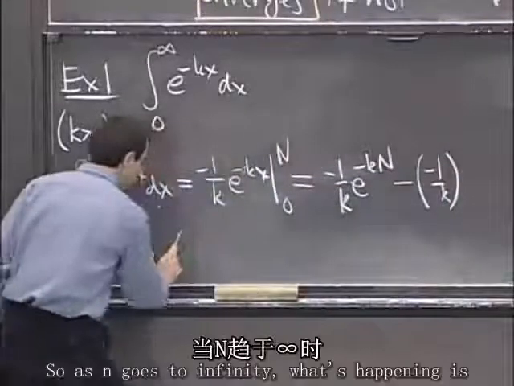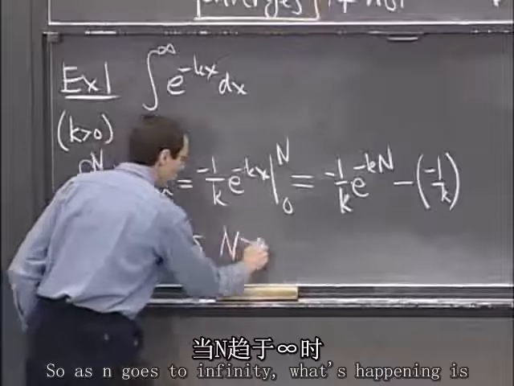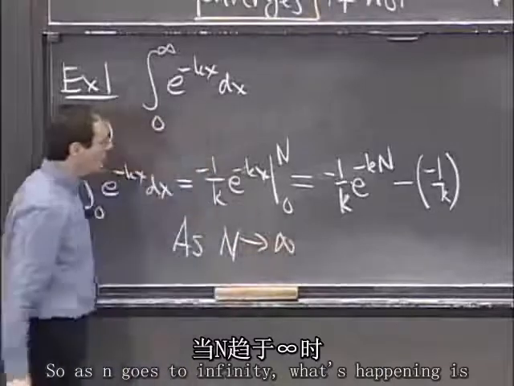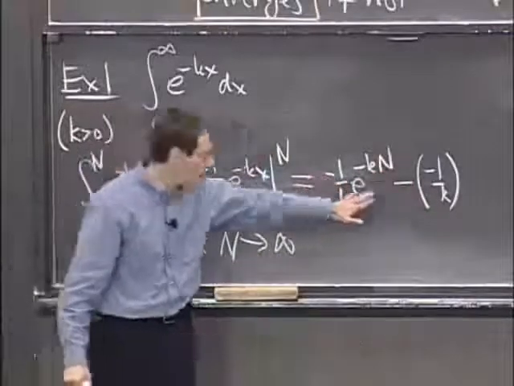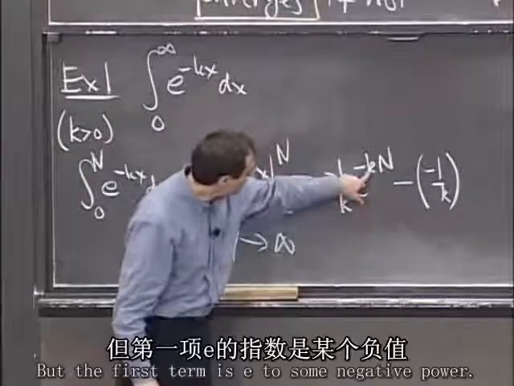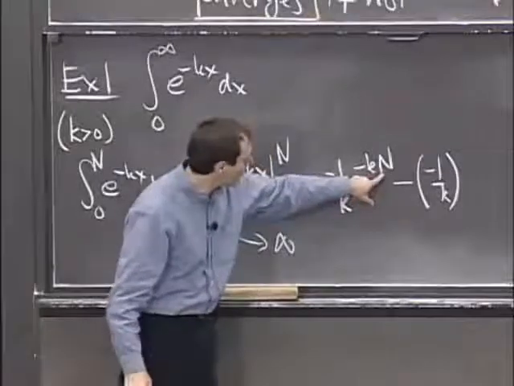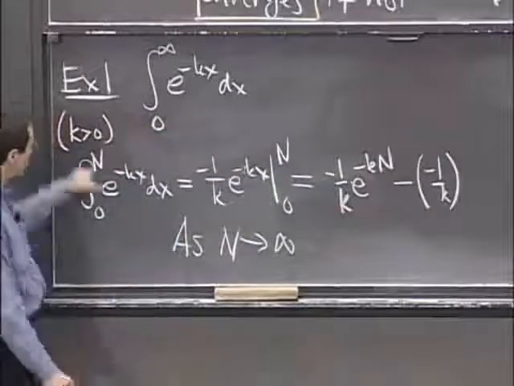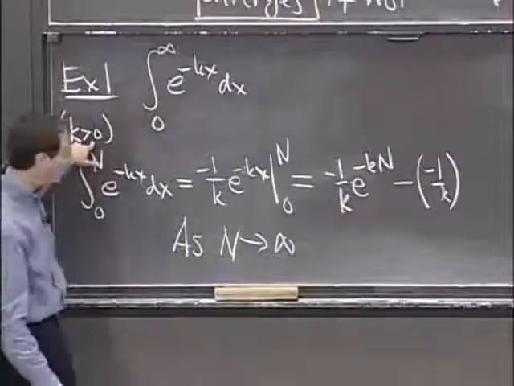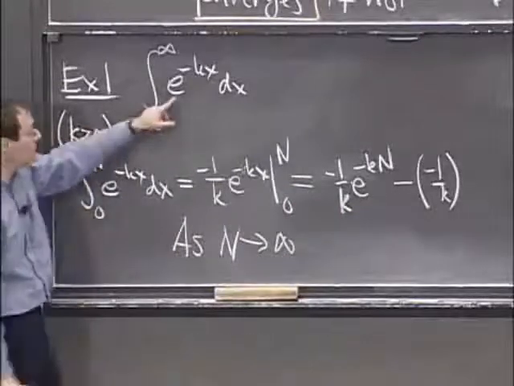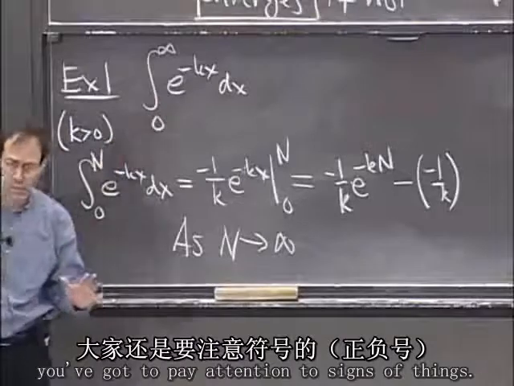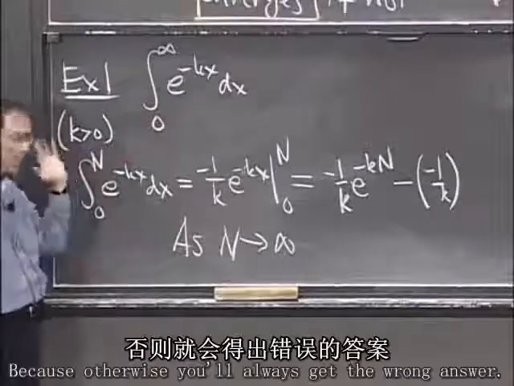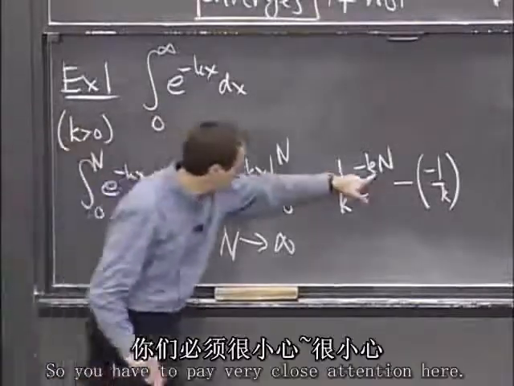So as n goes to infinity, the second term here stays unchanged, but the first term is e to some negative power, and the exponent is getting larger and larger. That's because k is positive here. Even though I'm doing this with general variables here, you've got to pay close attention to signs of things, because otherwise you'll always get the wrong answer.